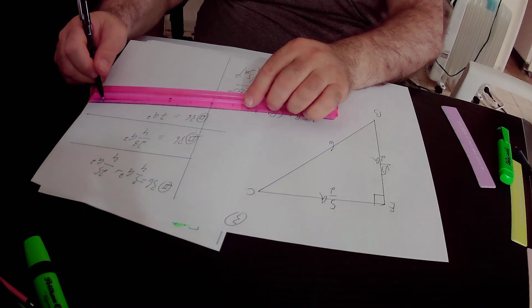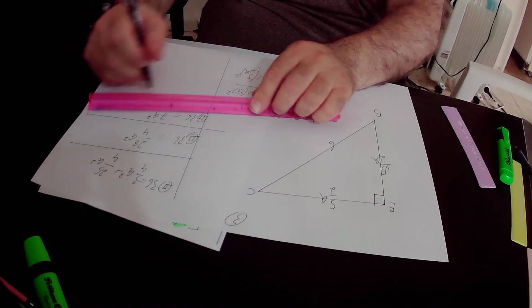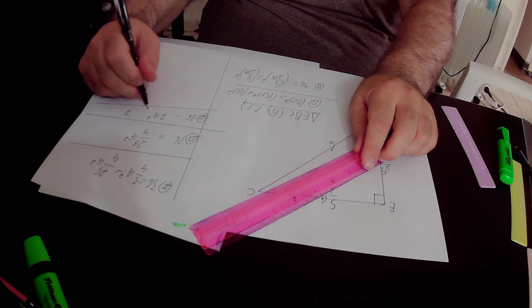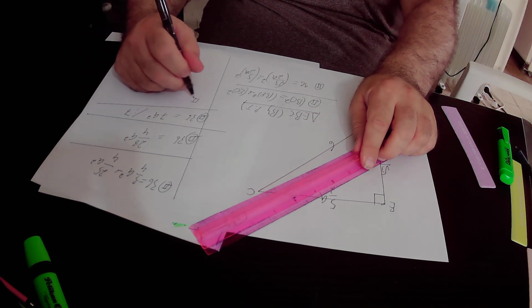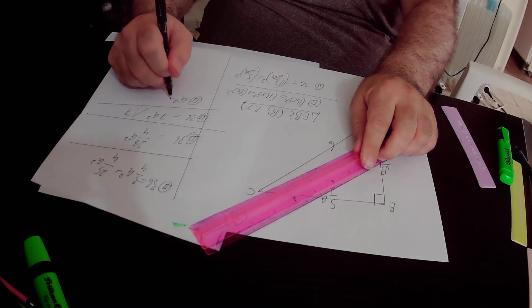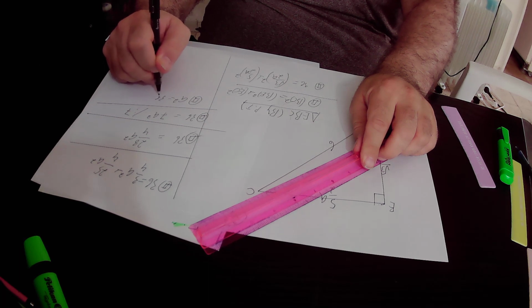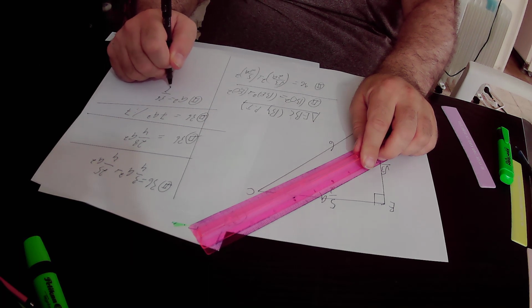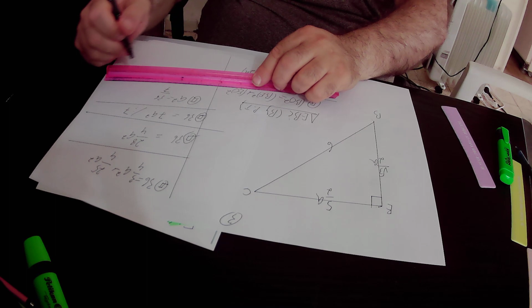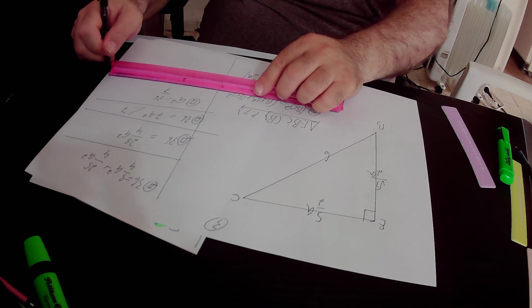Here we will divide this equation number 2 by 7, and we'll get that A squared equals 36 over 7. Here we'll take the square root of this equation.